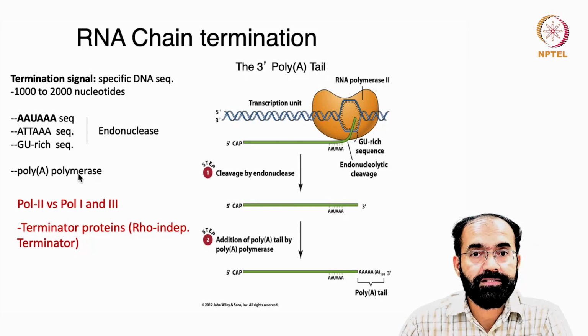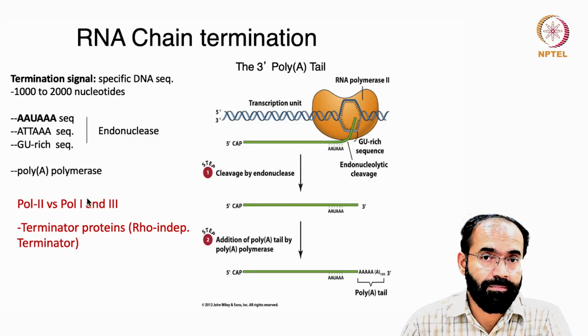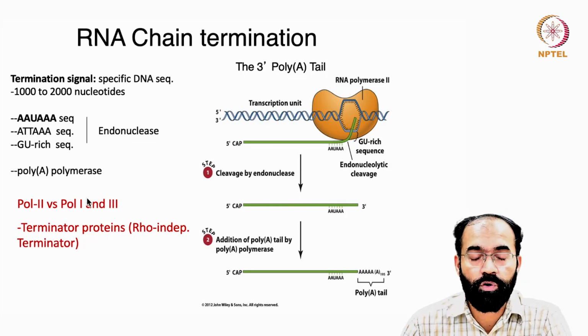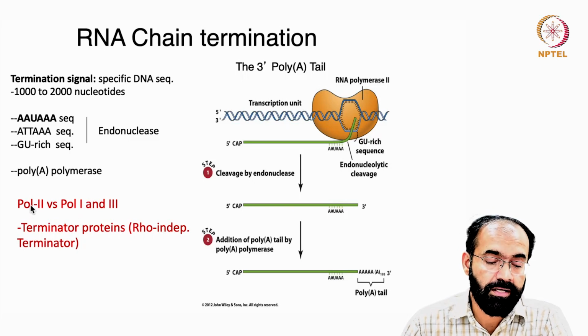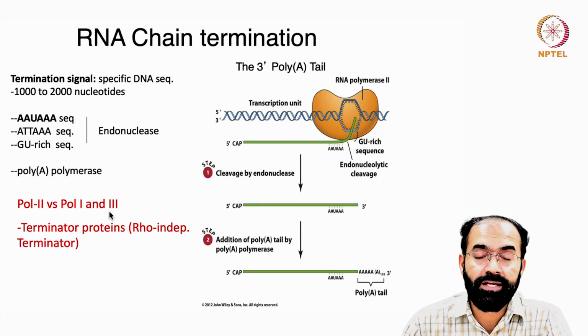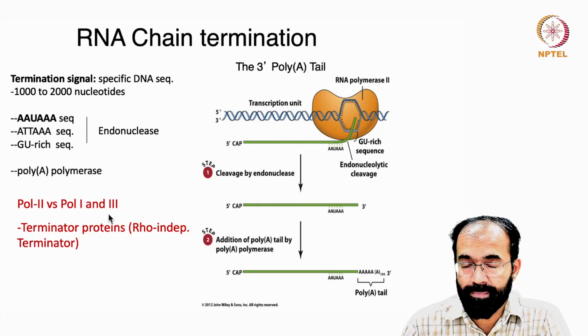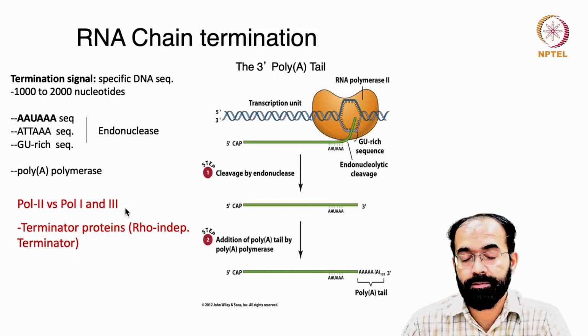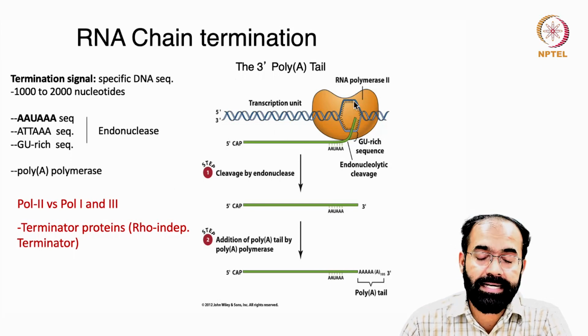And poly-A polymerase is the next enzyme that comes handy for the 3' end elongation. So Pol-II, Pol-I and Pol-III, all of them have to have a proper termination event, without which the transcription will continue. Let us see in detail.